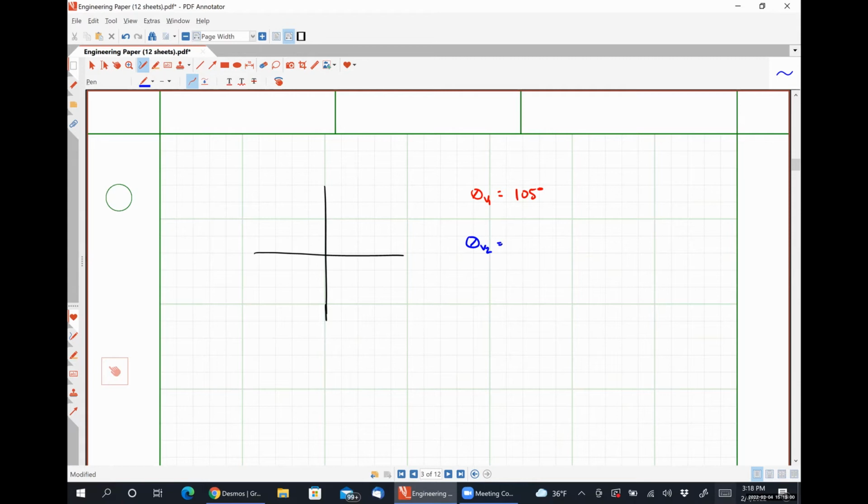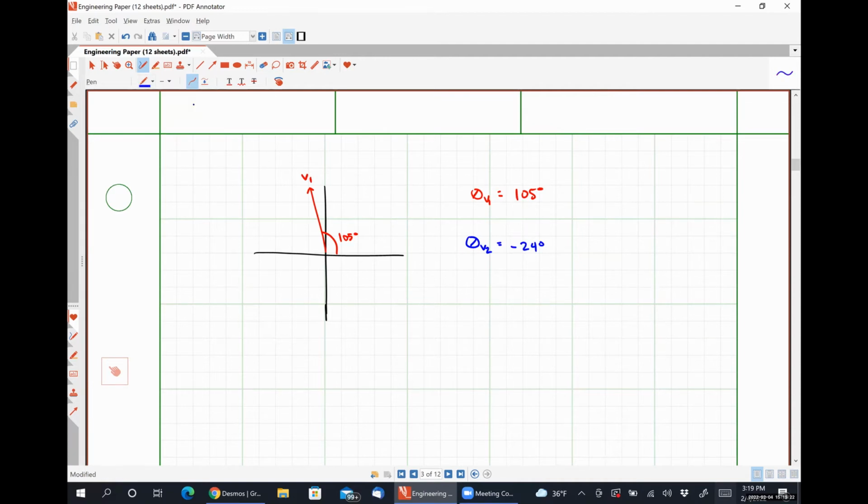Positive 24, negative 24. Negative 24. Okay. So on our phase diagram, V1 would be somewhere over here, where this angle is 105 degrees.